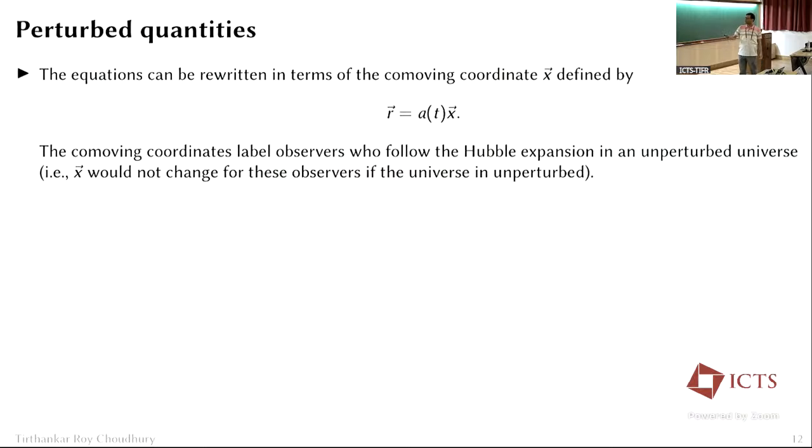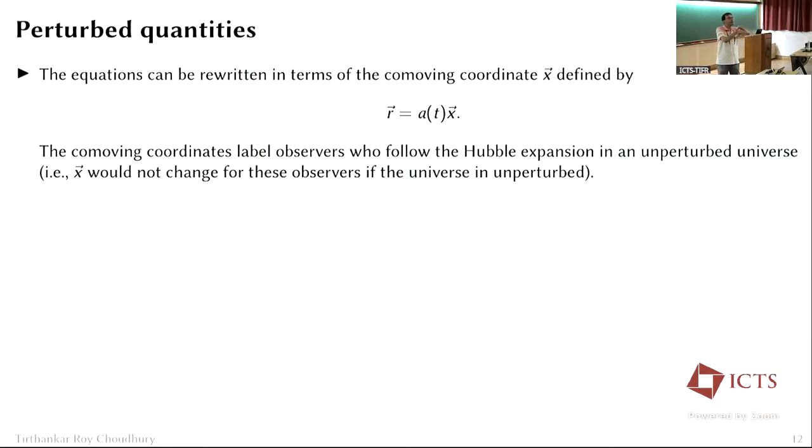The significance of x is that if there are objects or particles that are expanding with the universe and have no local motion, then x would be constant for those. Any change of x gives rise to local motion, which are perturbations.